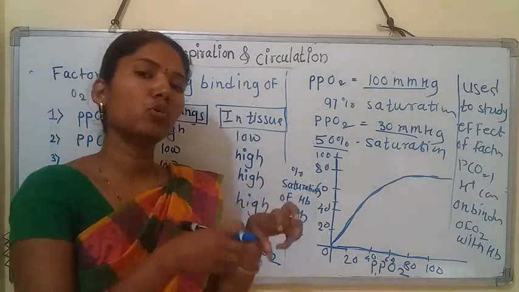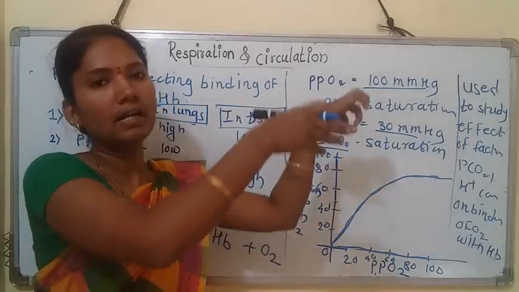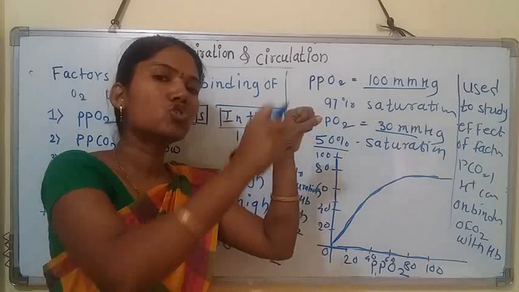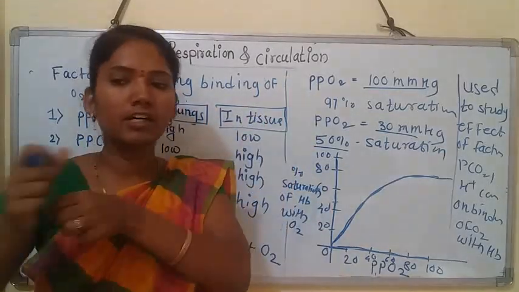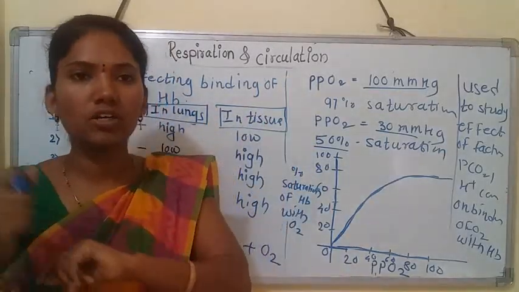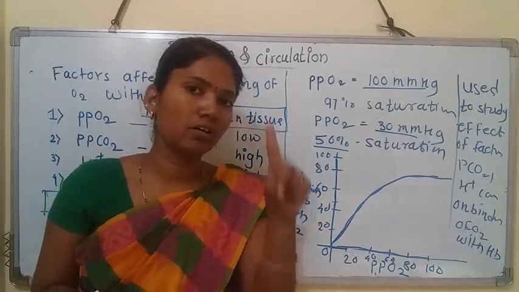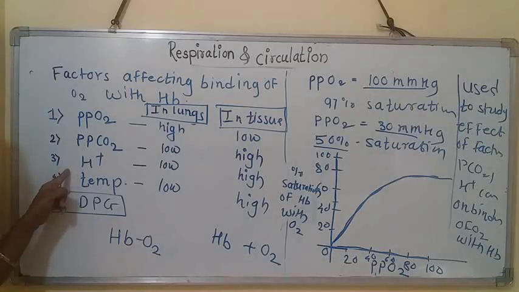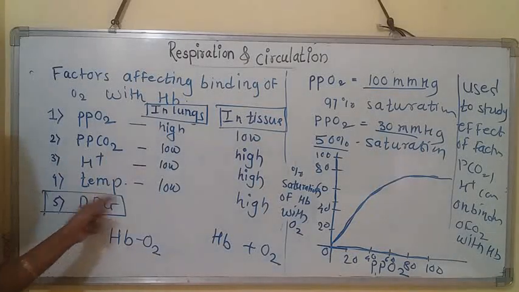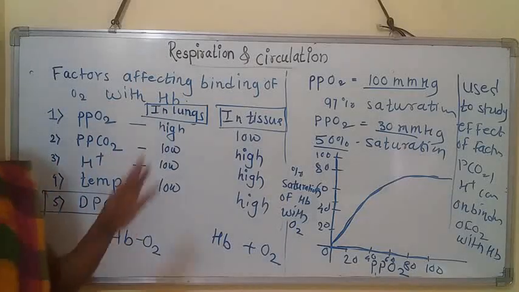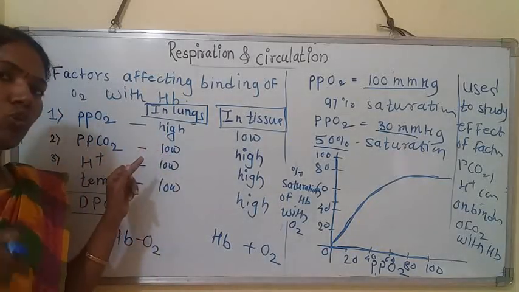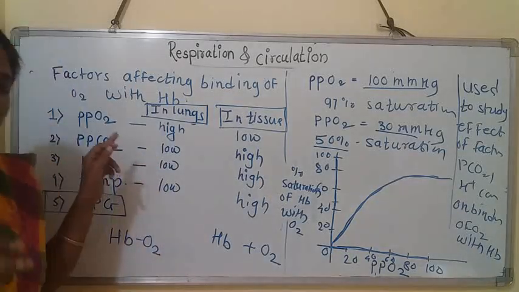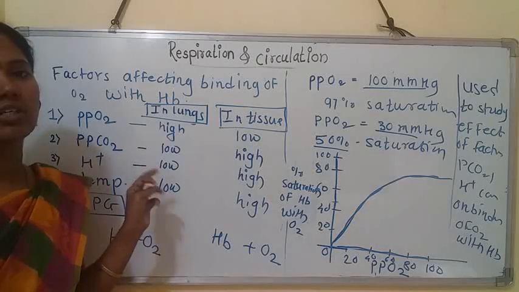Now oxyhemoglobin formation takes place at the lung and it dissociates at the tissue. So how does hemoglobin strongly bind with oxygen at the lung and dissociate at the tissue? It depends on various factors. Once again, which factors? First is partial pressure of oxygen, then partial pressure of CO2, H plus ion concentration and temperature. You have to remember all these factors. In the lung, partial pressure of O2 is high, partial pressure of CO2 is low, H plus ion concentration is also low and temperature is also low.